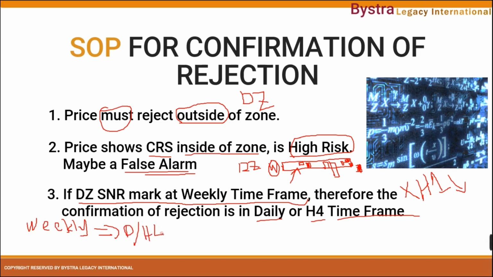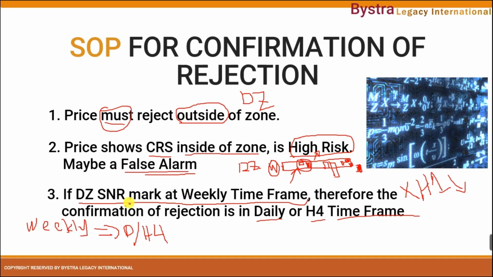So I cannot emphasize this more. Remember guys, price must reject outside of the danger zone. The CRS has to show outside of the danger zone. It means the candlestick has to close outside of the danger zone, not inside the danger zone. Like this is very high risk.